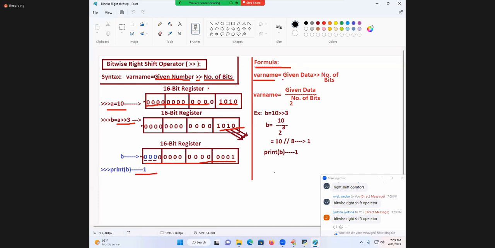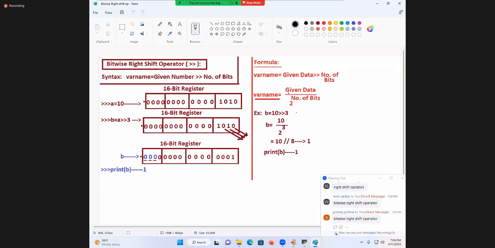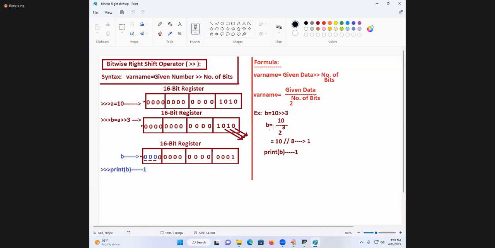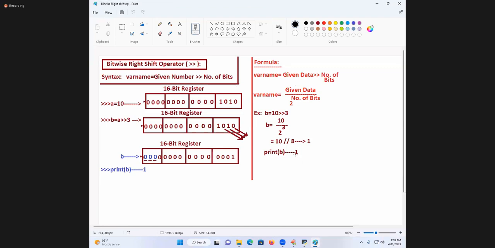Formula: variable name is equal to given number divided by 2 to the power of number of bits. B is equal to 10 >> 3. What is the answer now? B is 10 by 2 cube, which is 10 // 8, using double slash. 1 is the answer. I hope you understand this.